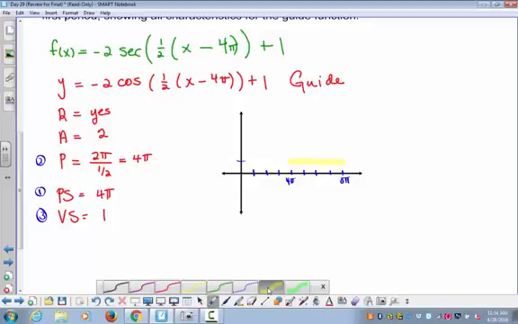So the vertical shift tells us how far above or below the x-axis the center of the graph will be. Now, look for the amplitude. And the amplitude tells us how far above or below the center line to go. So amplitude is 2, so we need to go 2 above it, and we need to go 2 below it.